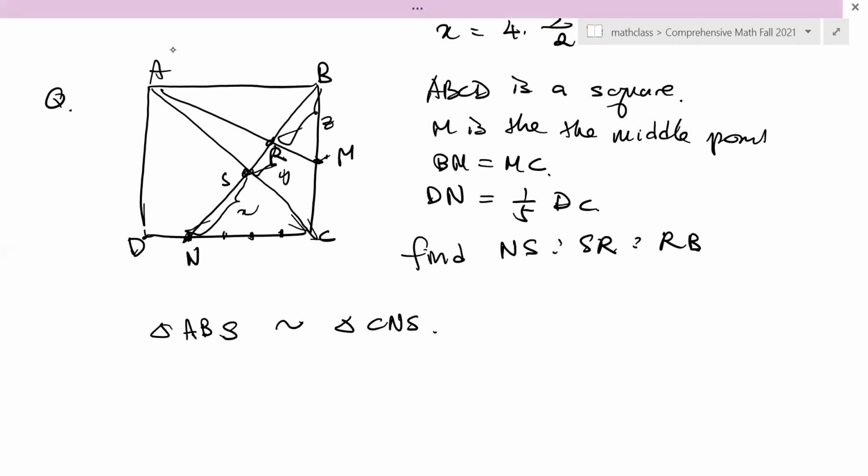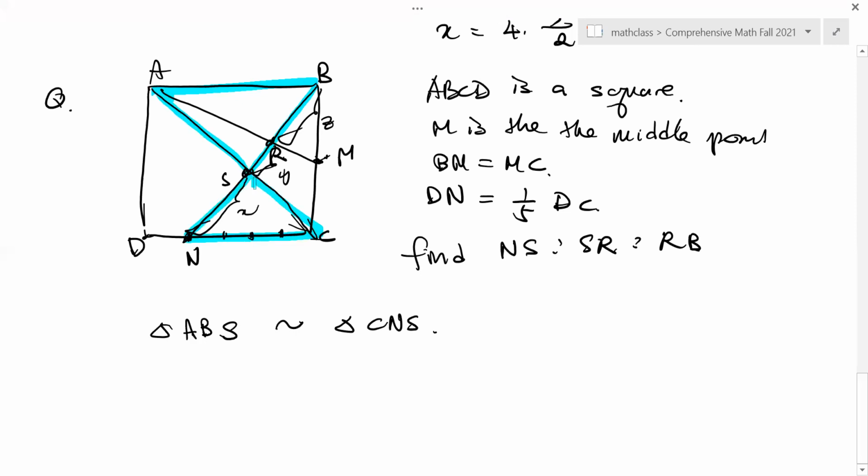So those two triangles are similar. Why? Because AB and DC are two parallel lines, so you have a similarity. So what happens?